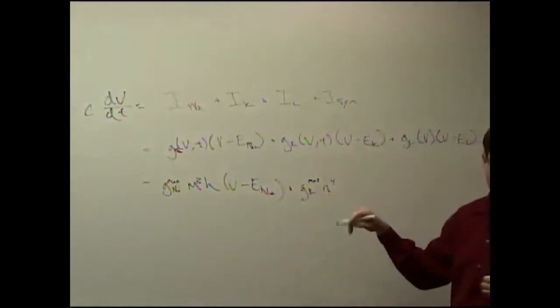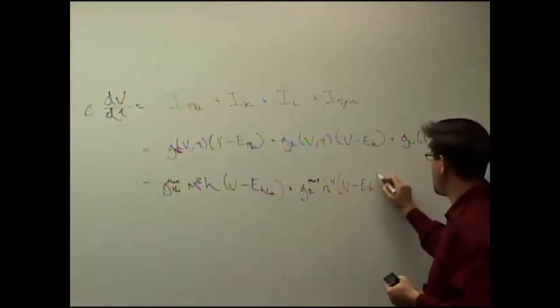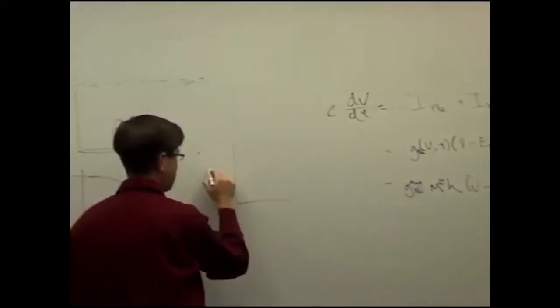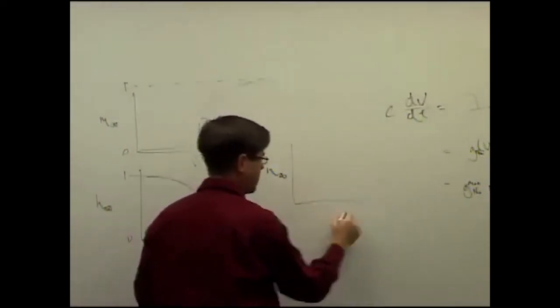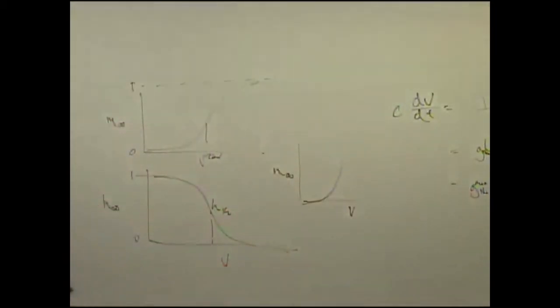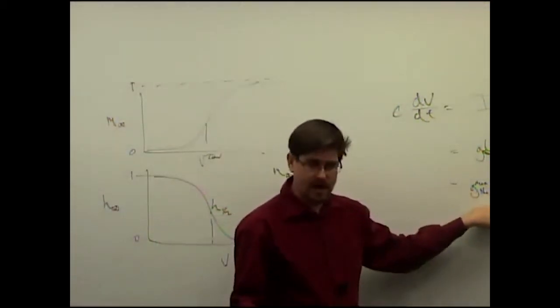So there's 4 subunits of sodium, V minus EK, and there's some function for M infinite as voltage, and it looks something like that. So we need to also get to what is the actual M at a particular time.